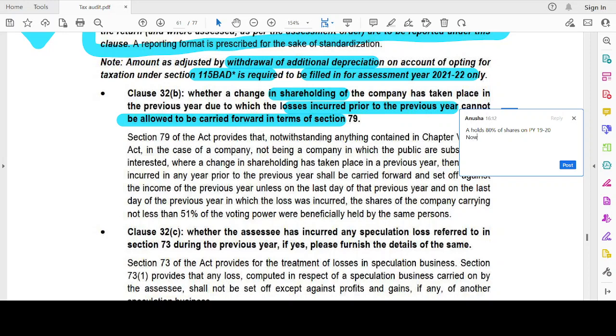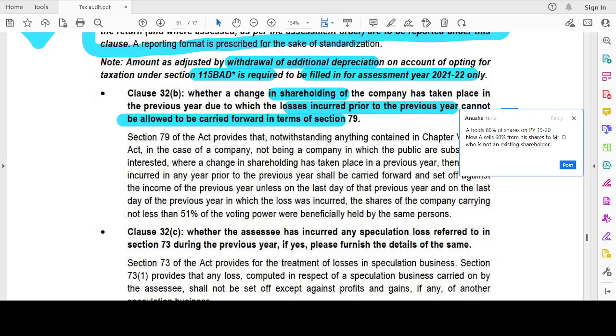Now A sells 60% of his shares, so he will remain with only 20%, to Miss D, who is a new party, who is not an existing shareholder.